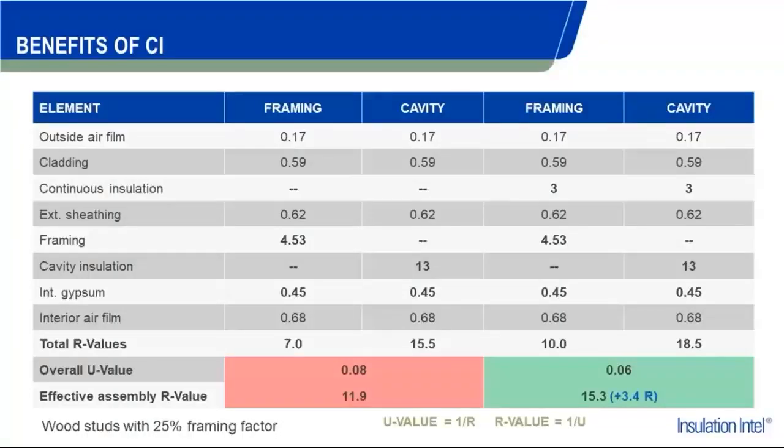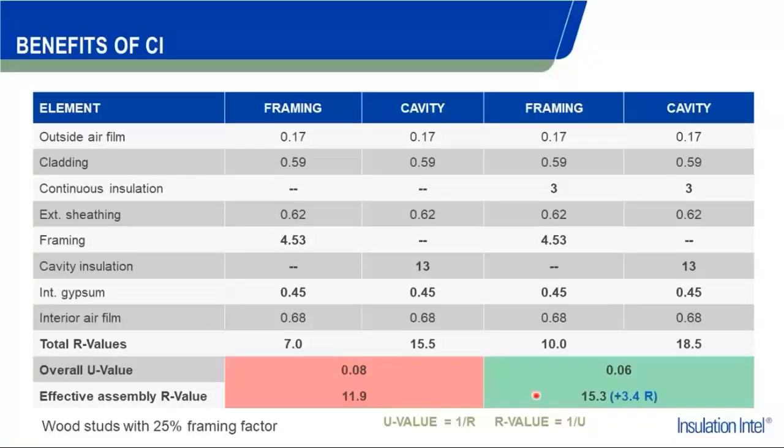Here's our chart again that we're going to revisit. We kind of went through this earlier. What we're showing is the past scenario of not adding continuous insulation to your wall system. With a wood stud, we were at R11.9. In the scenario to the right, we add an R3 of continuous insulation to the exterior of the system, which equates to a half-inch of polyiso board.